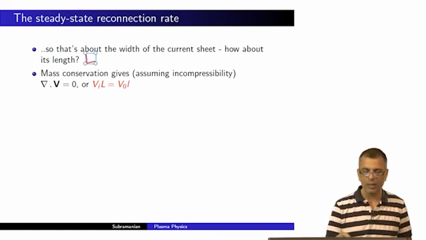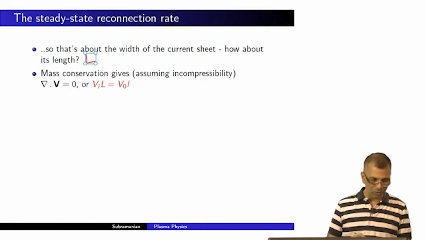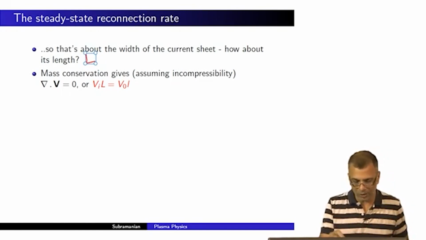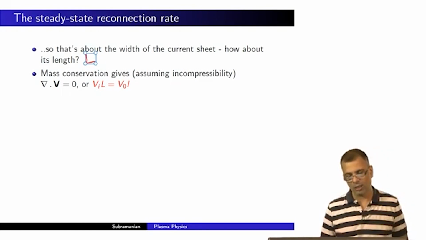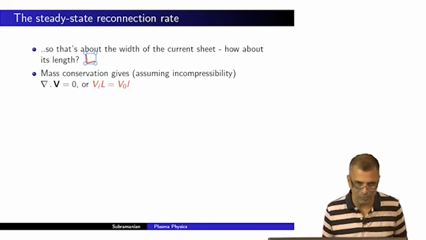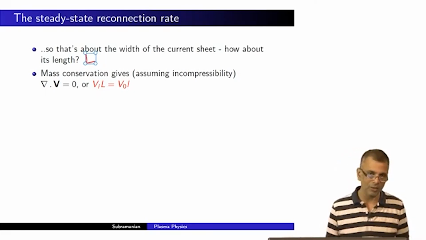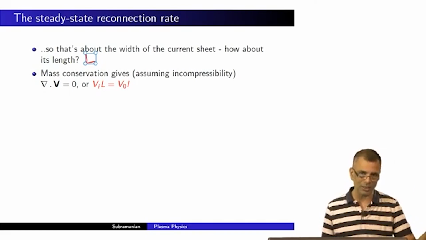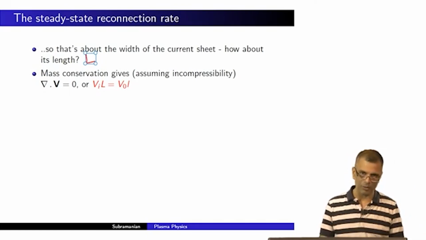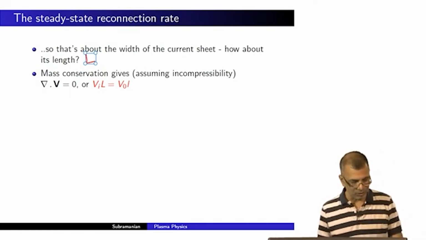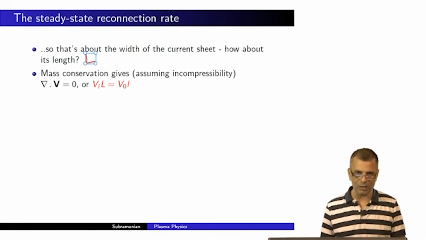In order to do that, we use mass conservation, and assuming incompressibility, let's neglect compressibility effects for a minute, just to make life simple. Otherwise that throws a spanner in the works and introduces yet another complication.